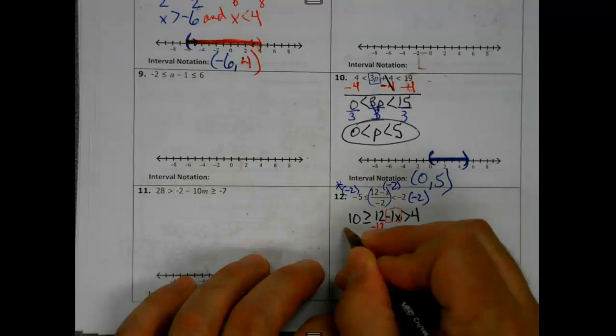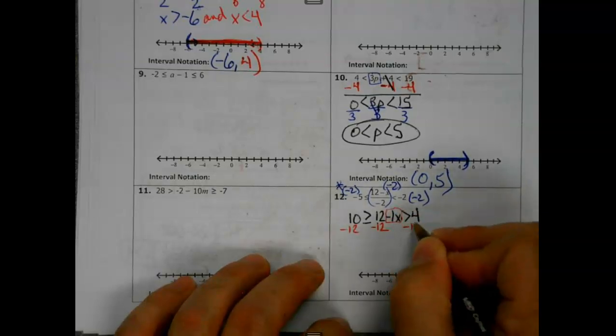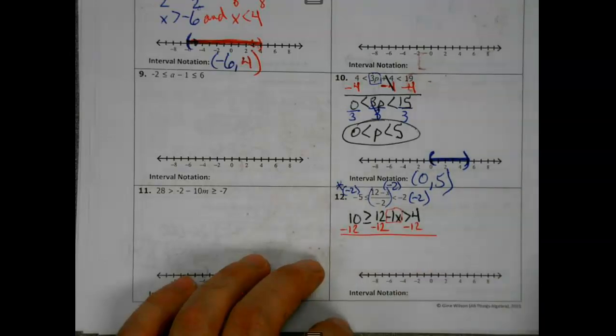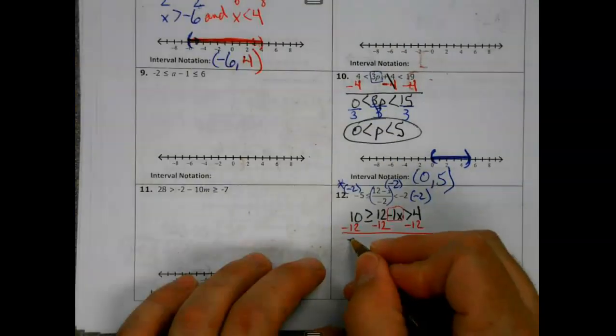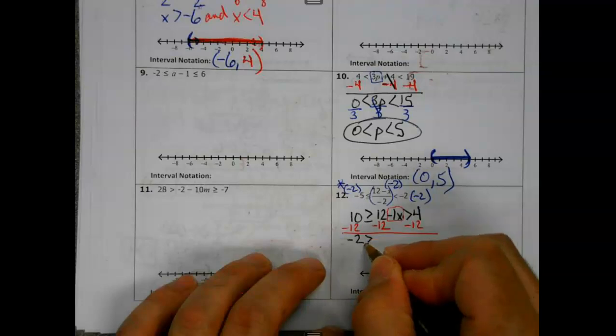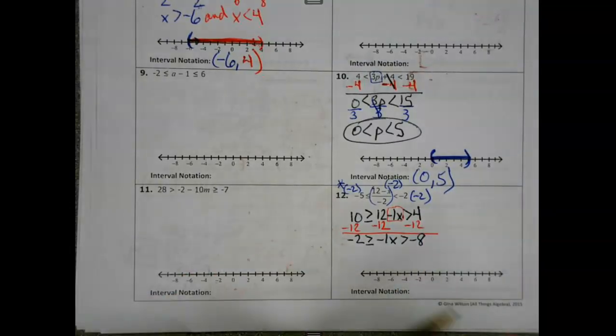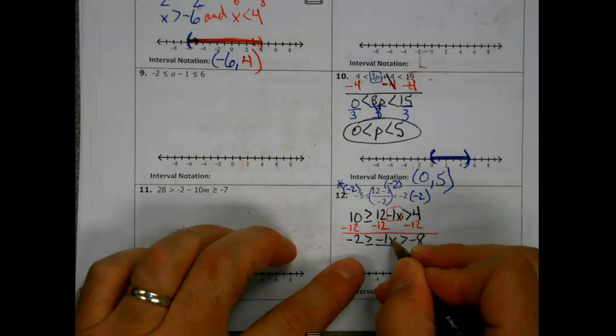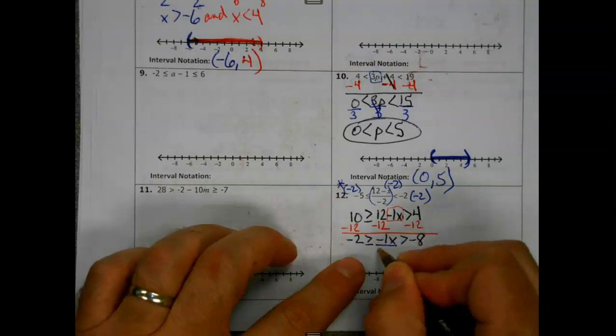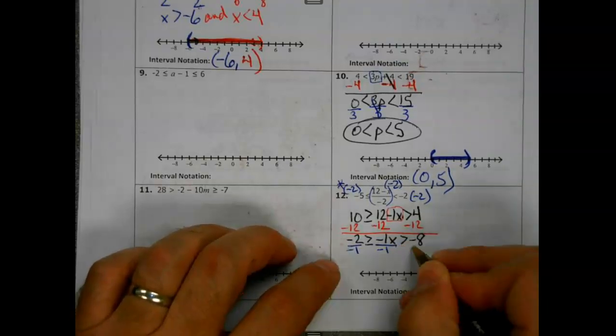Still working on getting that x by itself. Almost there. So it's just like a regular equation. It's just got 3 pieces instead of 2. And my final step here to get x alone, not add 1, I'm multiplying by -1, so we've got to divide.